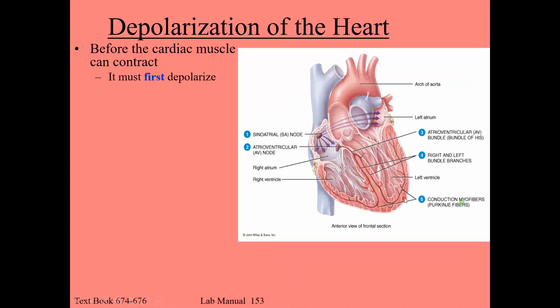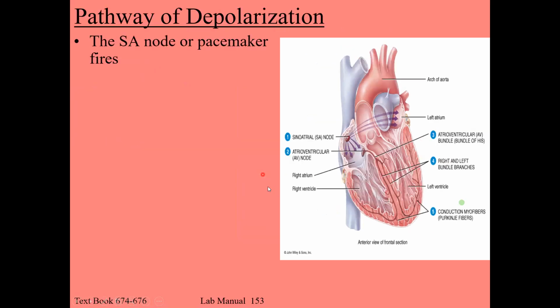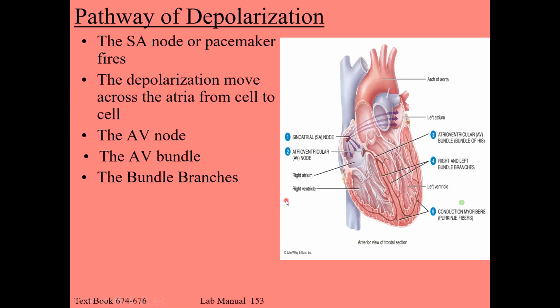This is the fastest way it can go through, because in the atria, it's a slow absorptive process. It goes from one cell to the other, and you can afford to do that because the atria are small and they are thin-walled. There is a second reason. The second reason is what we will study as part of the sequence of events in an EKG.